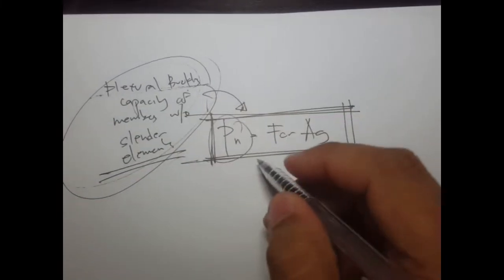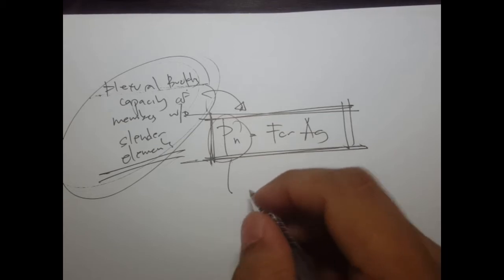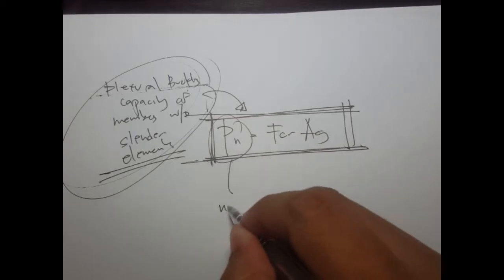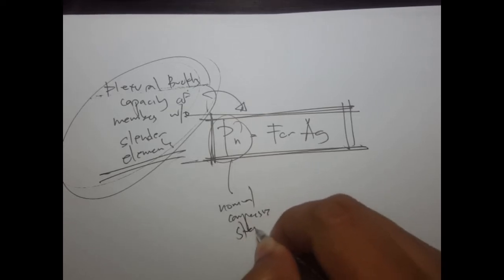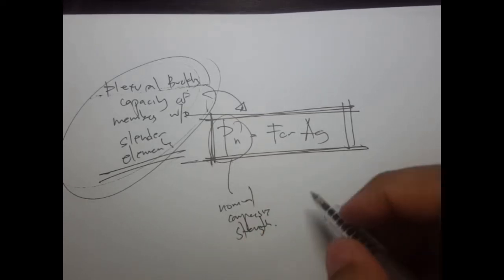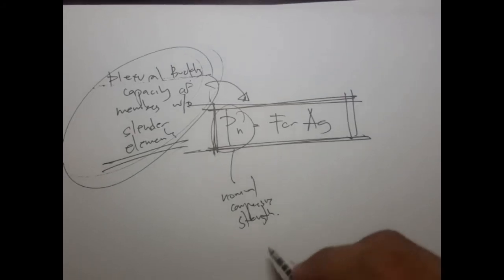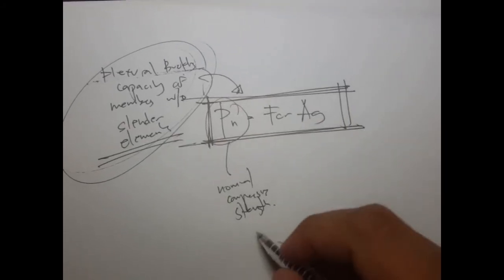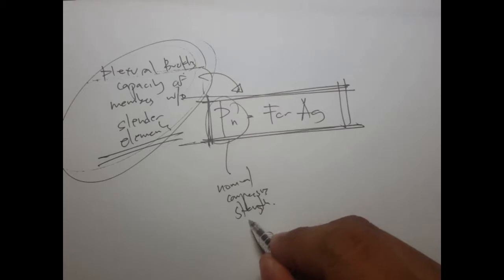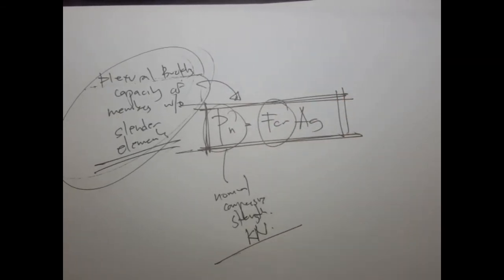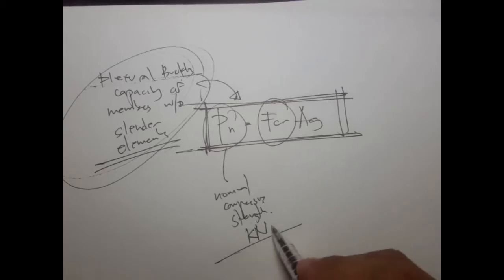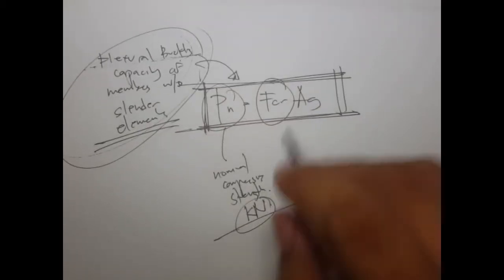This Pn is our nominal compressive strength, and I guess this should be in kilonewton, not megapascals, because the strength in terms of these compression loads is in kilonewton.